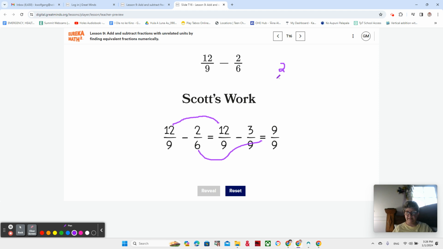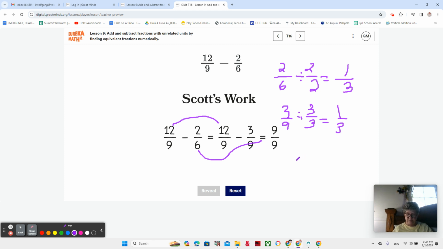Maybe he's thinking about 2/6. If I divide those both by 2, then I'm going to have 1/3. And 3/9, if I divide those both by 3, I'm going to have 1/3. Ooh, that is interesting, isn't it?